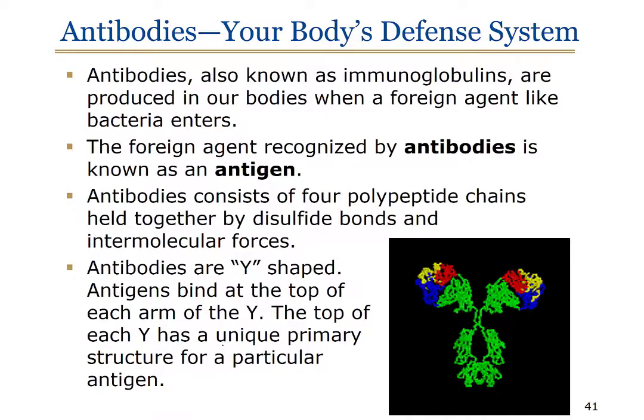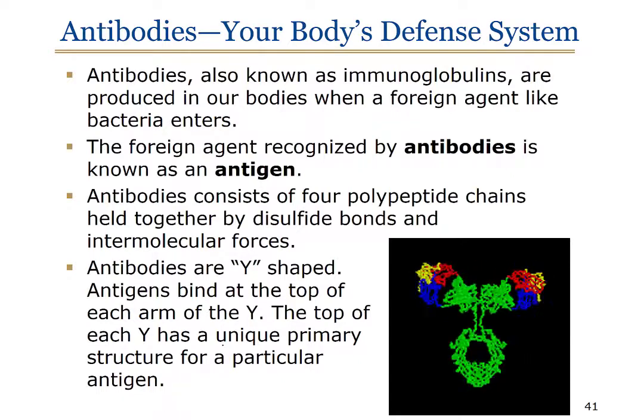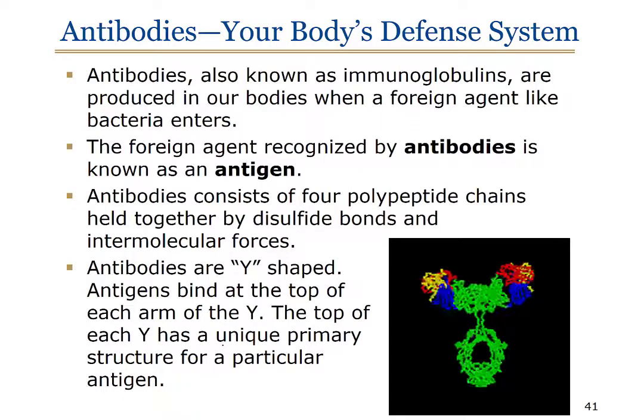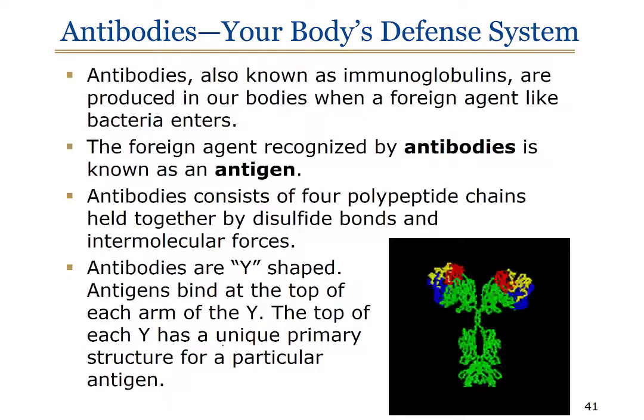With vaccination, it's triggered faster than when the body still has to figure out that this is a foreign agent and has to make these antibodies, which takes a couple of days. It usually takes that long to get healthy after you caught a cold or something.